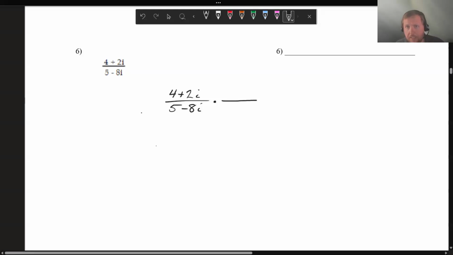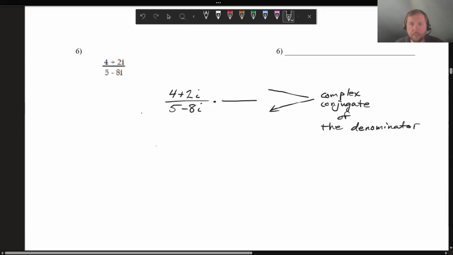So I want to take the complex conjugate of the denominator, and that's going to go here and here. So the complex conjugate of 5 minus 8i is going to be 5 plus 8i.